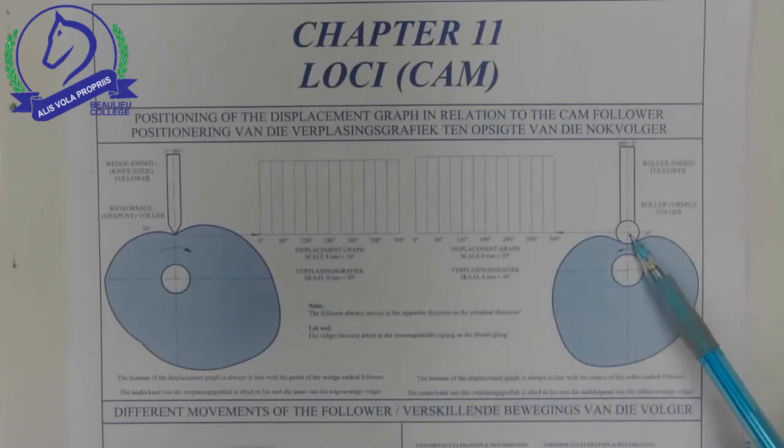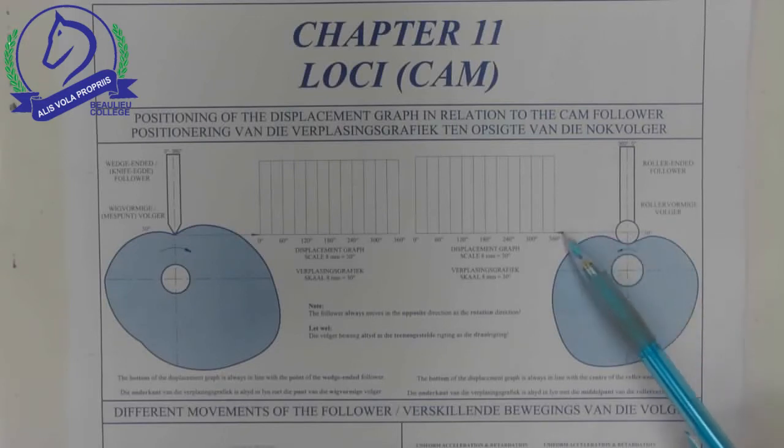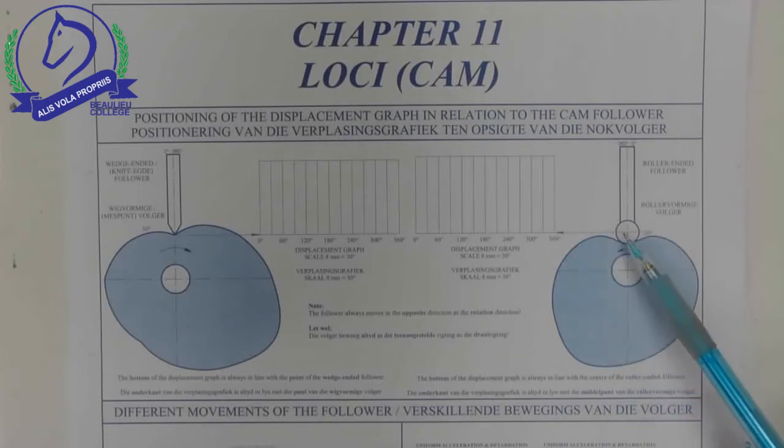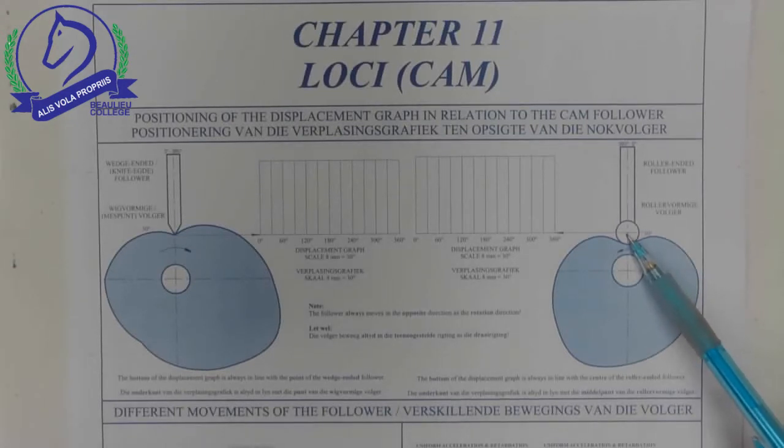Whereas if you've got a roller, the center of the roller lines up with the point on the graph. So there's always a slight change. Grade 11, you should be tested on the wedge. The roller should be a grade 12 level.